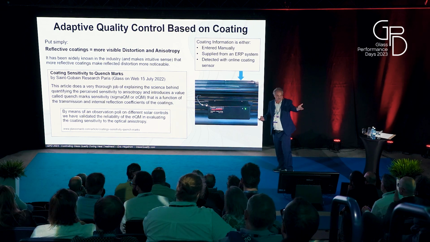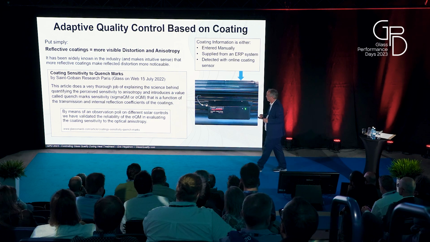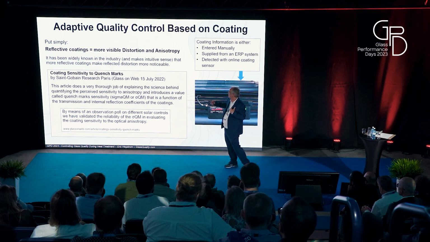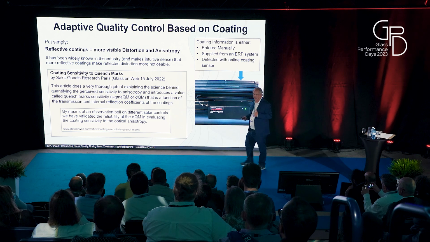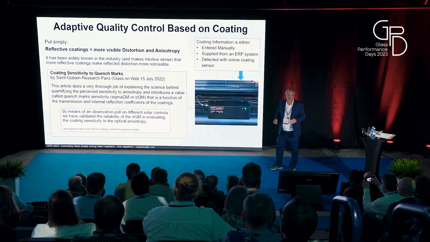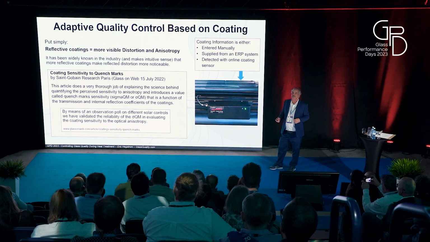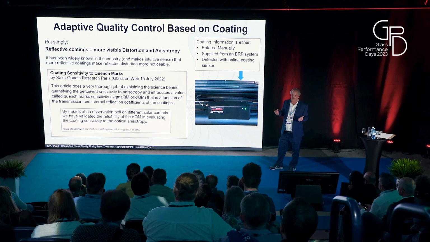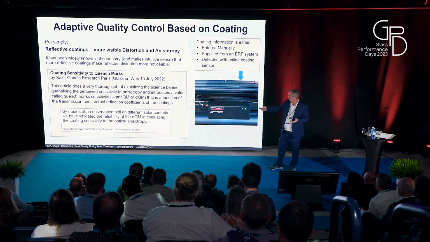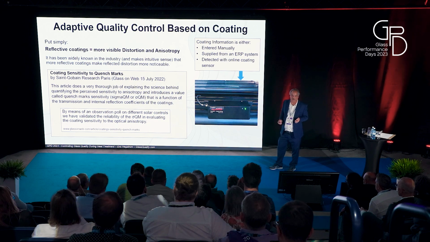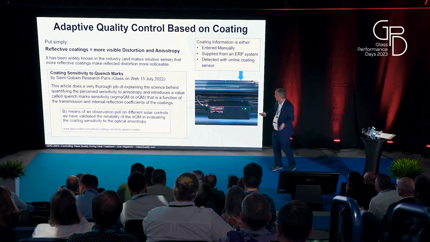And Fraunhofer and Saint-Gobain have done some very good work quantifying this for anisotropy, something called sigma QM, to quantify the visibility of quench marks based on the coating reflectivity and transmission. I suggest you read their papers. It's a lot of great stuff, and it goes into great detail that I don't have time for here.